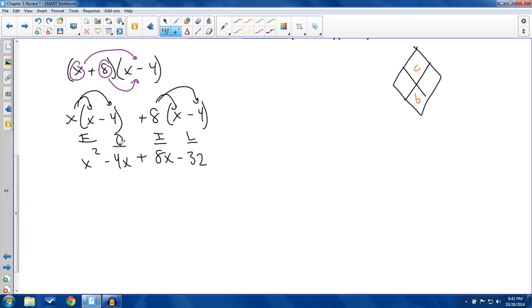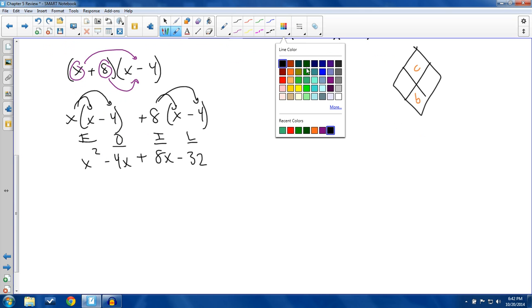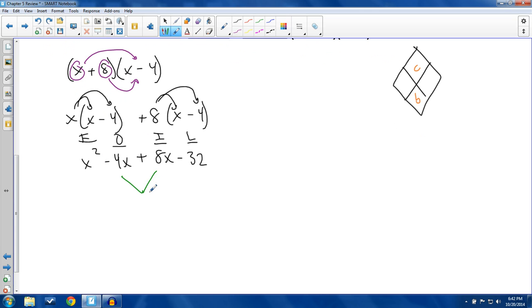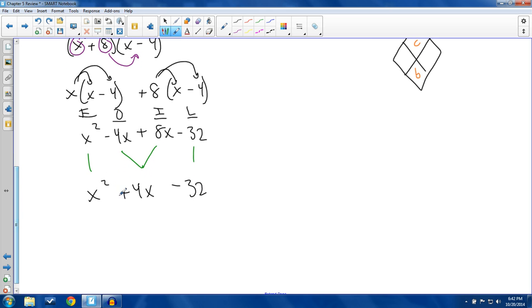So here's your FOIL. After that, these two terms combine. Negative 4x and 8x, the outside and the inside terms, will always combine and merge down to one number. In this case, they become 4x. So the idea to keep in mind is that this 4x was originally in this form. This 4 is your b value. Now, your b value was a sum of two values, negative 4 and 8.